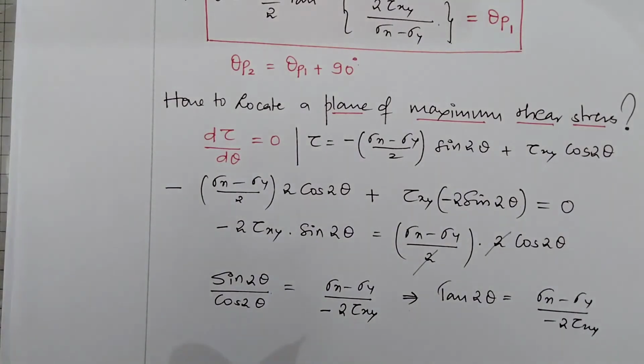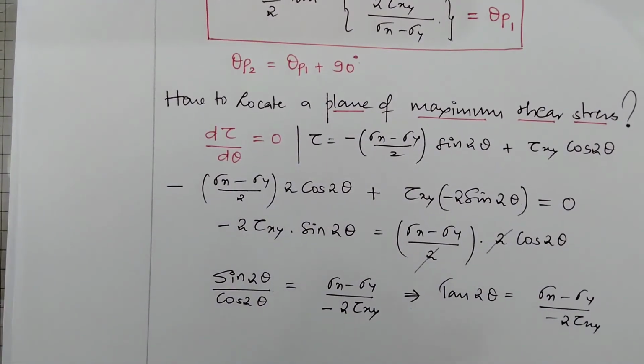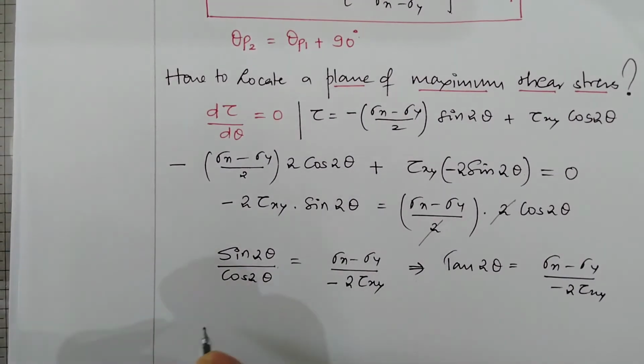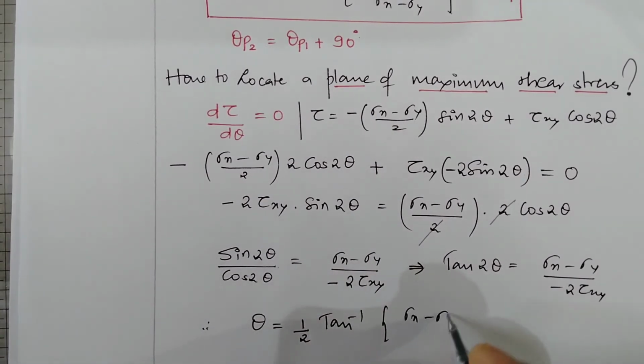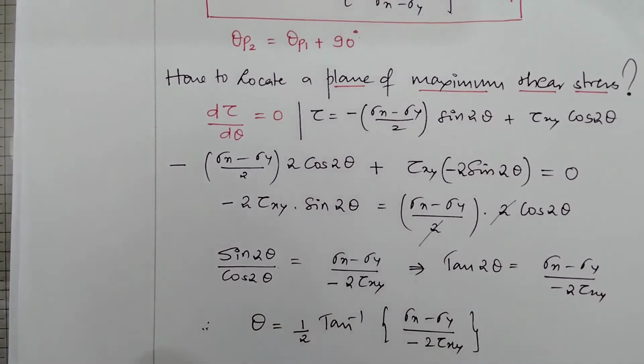right? So in order to find theta, theta is given by 1 by 2 tan inverse of sigma x minus sigma y divided by minus 2 tau xy, right?